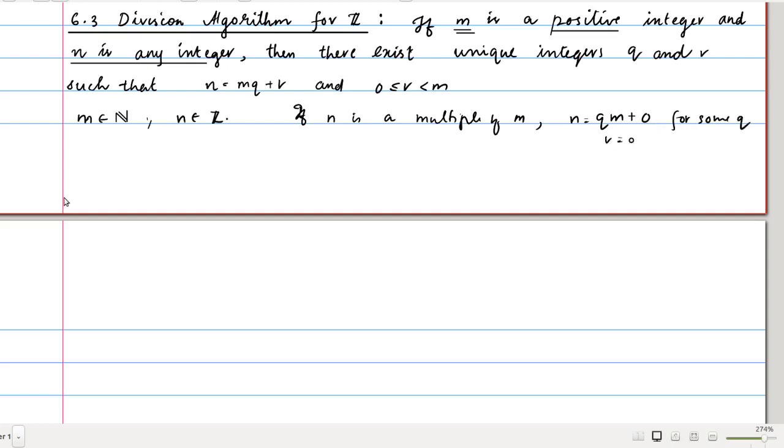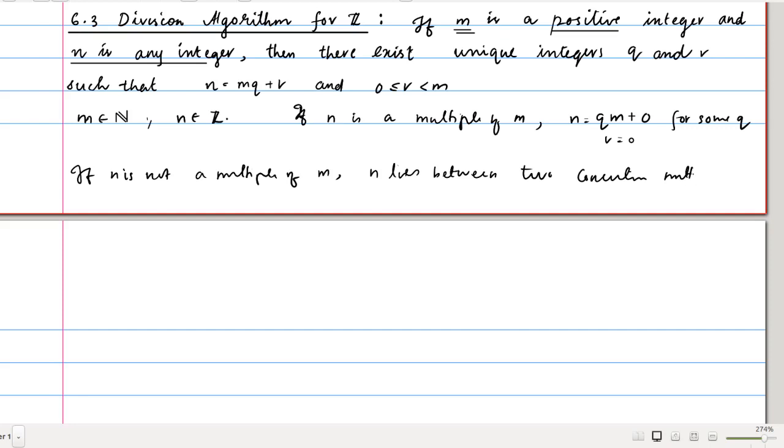If this is not the case, if N is not a multiple of M, then what happens? N lies between two consecutive multiples of M.